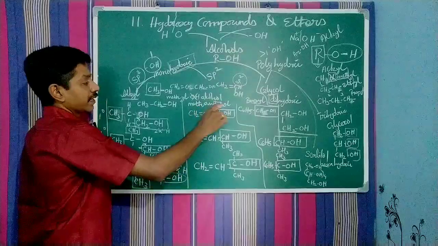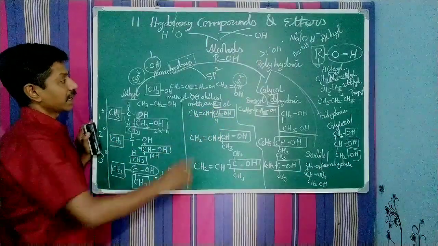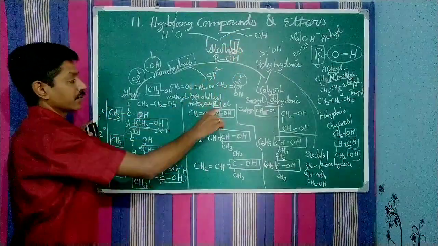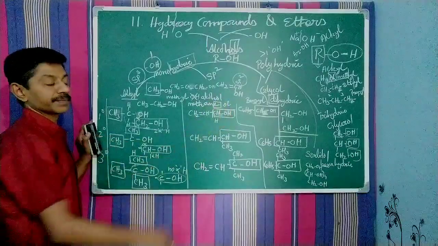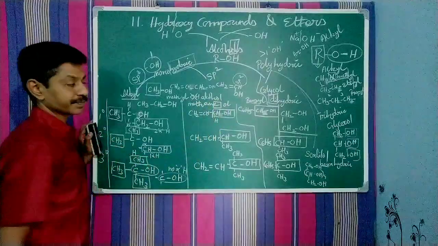So methane with alcohol, why add OL? Because the name of alcohol ends with OL, so you have to add OL at the end. Now the name of the compound becomes methanol.